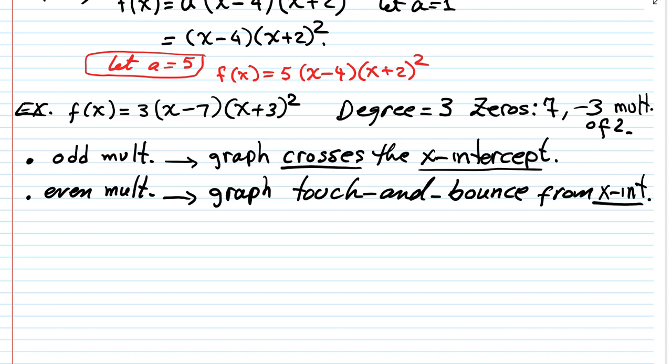The other one goes through it, it crosses it, and the even multiplicities will touch and bounce from the 0.